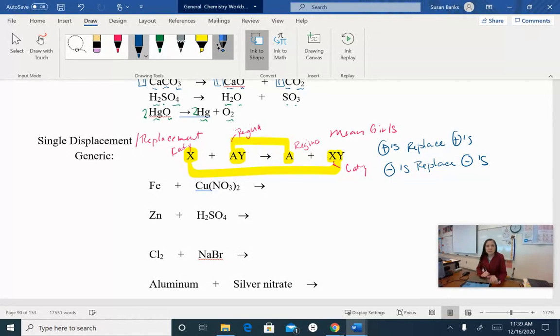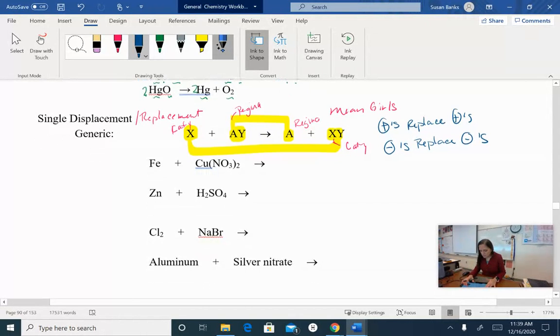So what you really need to do, on the step where we put in the charges that these will acquire when they're ions, is see if we have two positives that can switch places, or if we have two negatives that can switch places. Okay, and that's how you're going to decide what's getting together with what.